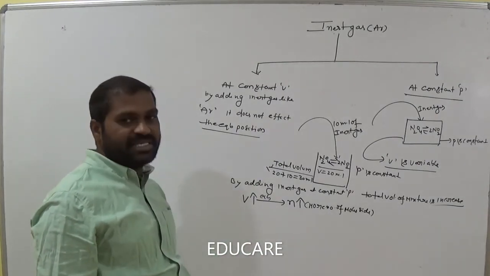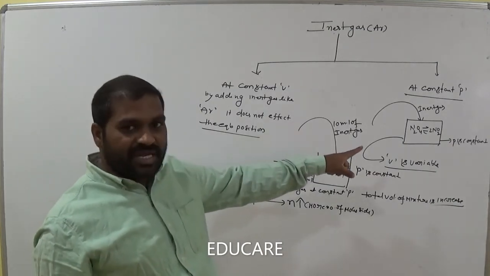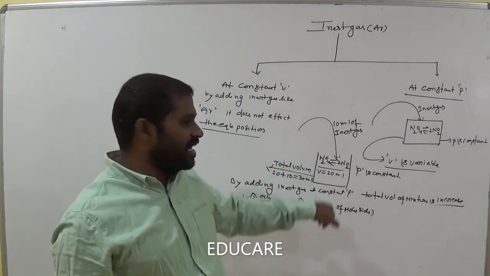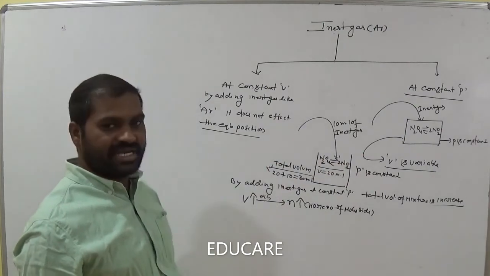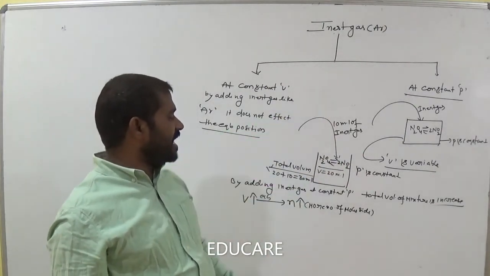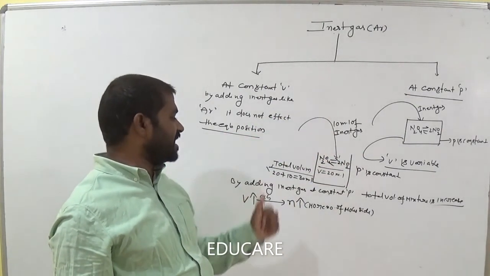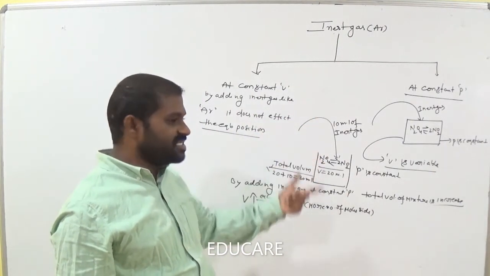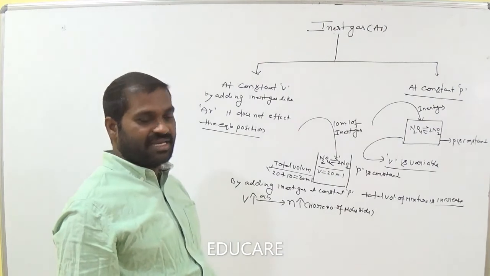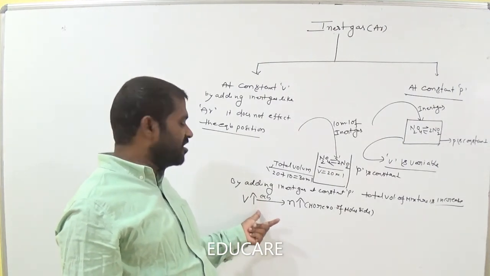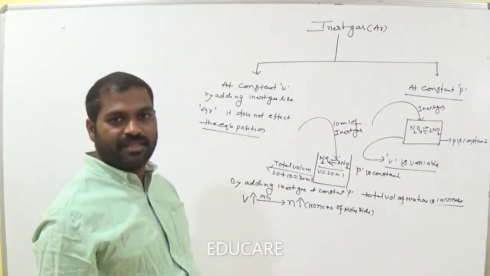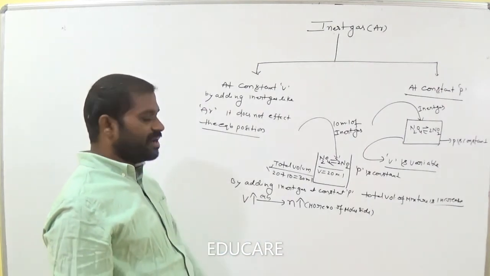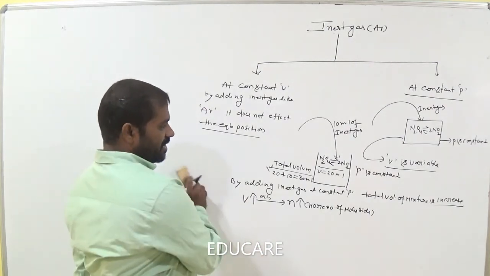At constant pressure, volume is variable. Pressure is only constant. Now add 10 ml of inert gases, totally 20 plus 10, 30 ml. So the volume increases, and the equilibrium position shifts towards the more number of moles side.